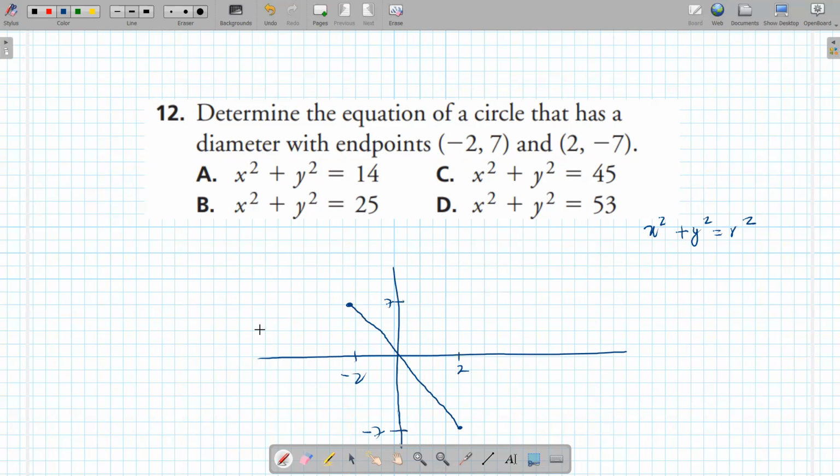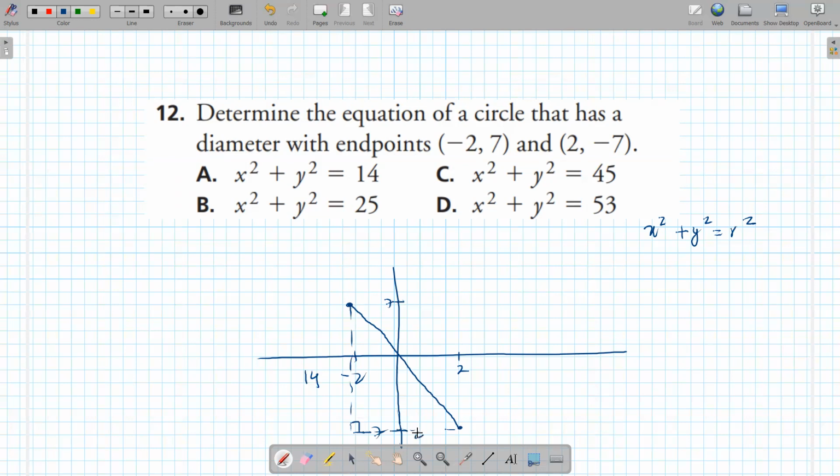You can find it using the distance formula. Alternatively, you can find it using rise over run. Look at this. We're going from 7 to -7 on the y, which means our rise is 14. And then we're going from -2 to 2. What's our run?